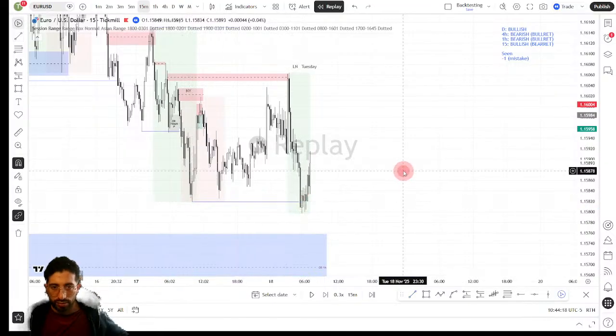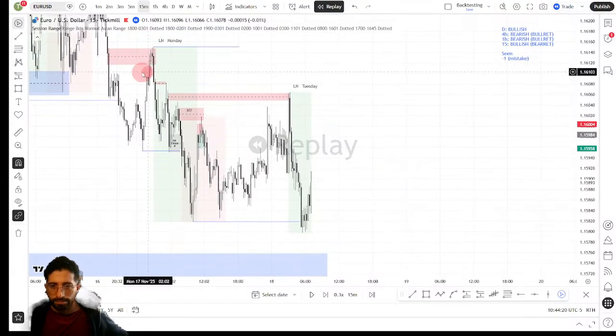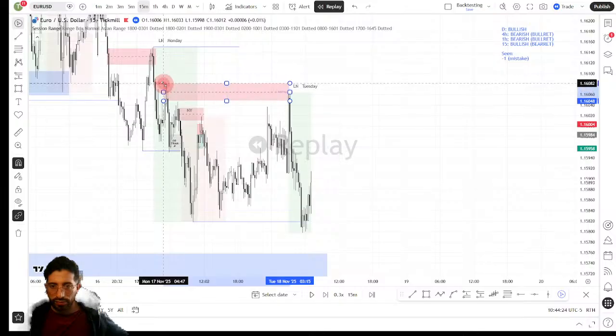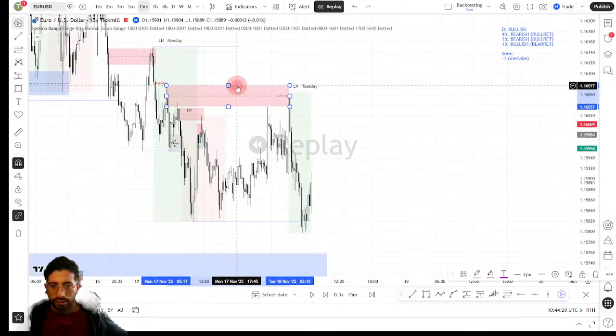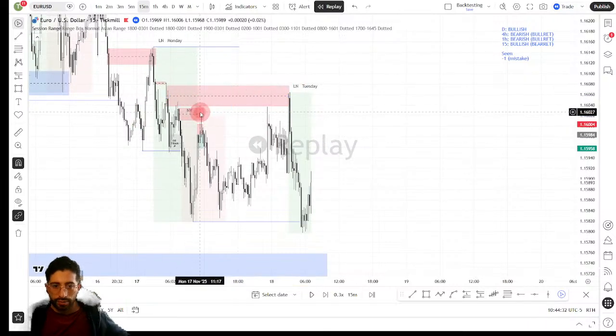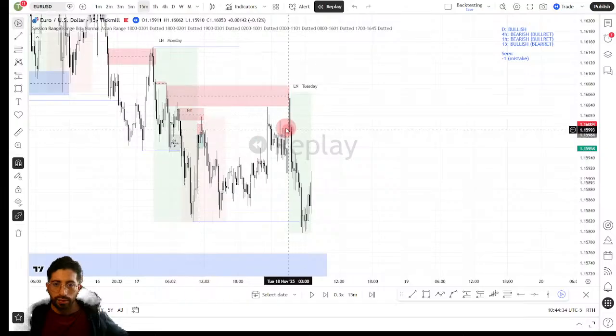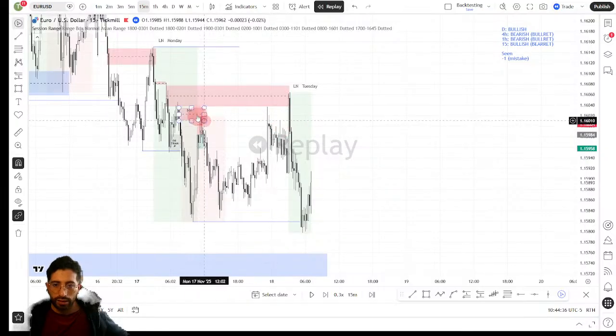Yeah, so this breakage. The price reacted here in this order block. Let me put it clearer for everybody. Here it is. Yep, that's it. Perfect. And we got out like here.